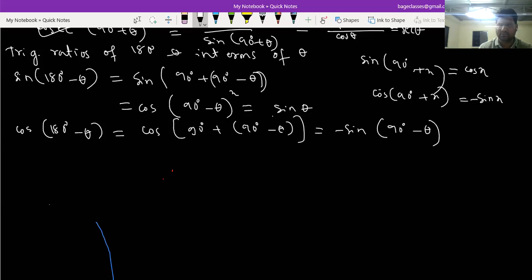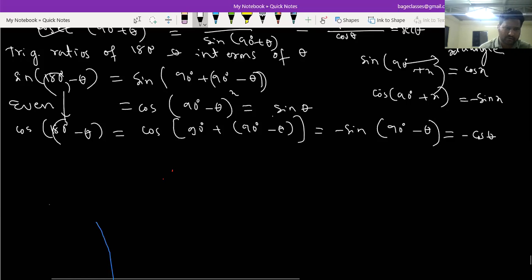X means 90 minus theta. So minus as it is. What is sin 90 minus theta? It is cos theta, because 90 minus theta is the first quadrant. In the first quadrant, for 90 odd angle, ratios change. Sin becomes cos. So cos 180 minus theta is equal to minus cos theta. See, yeah, 180 angle, so cos remains cos, sin remains sin. So 180 is called an even angle, and 90 is called an odd angle. Right? Remember this.